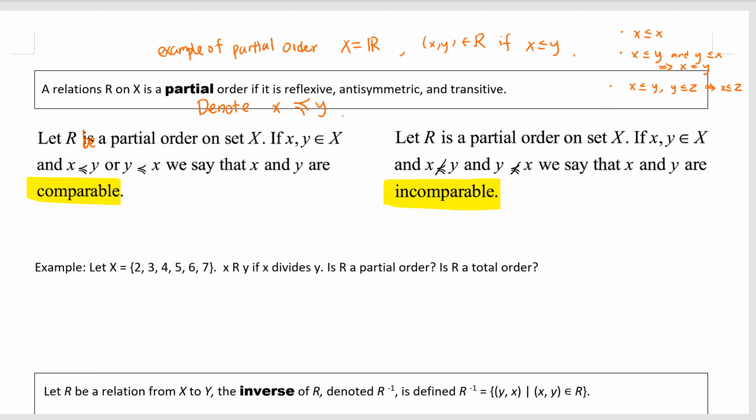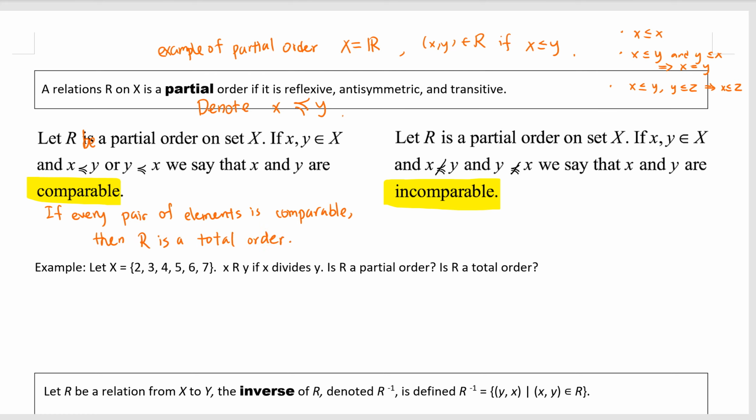Furthermore, if every pair of elements is comparable, then R is a total order.